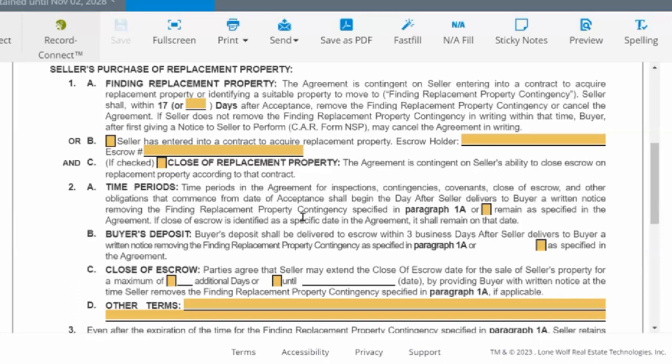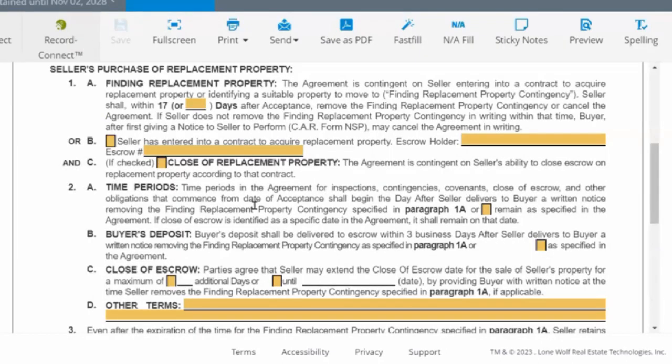So I always leave it the default language here, that it starts the day after the seller delivers to buyer a written notice removing the contingency, which is basically once they go under contract. But it's still risky.